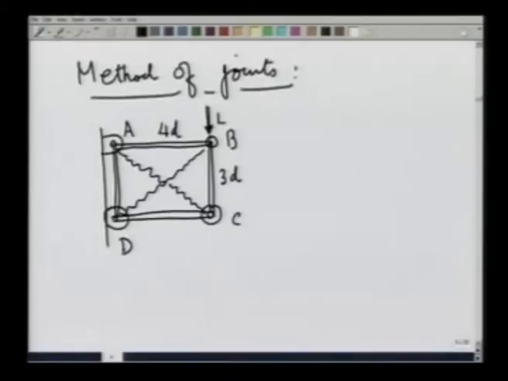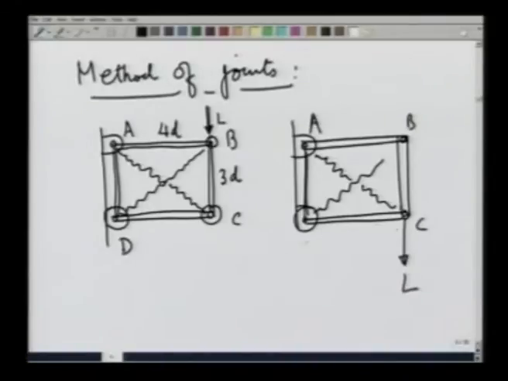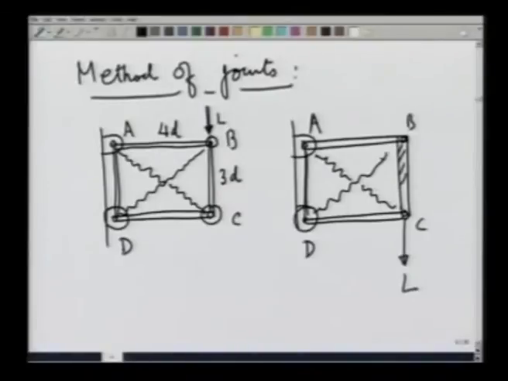We load the system once at point B by a load L, and another loading is done at point C, the same L. These are two ropes, A, B, C and D, and in both the cases I want to know the forces developed in these rods or members and these ropes.